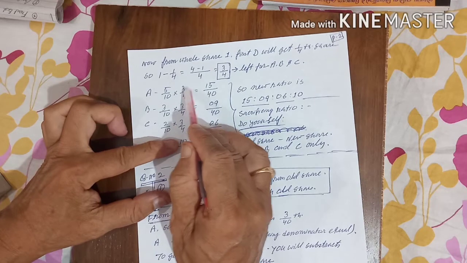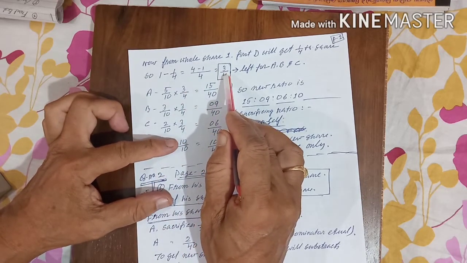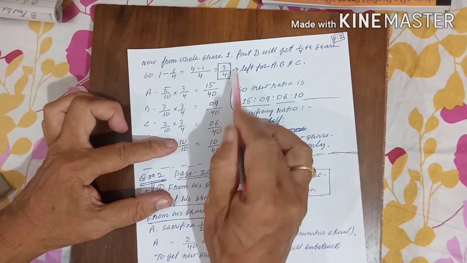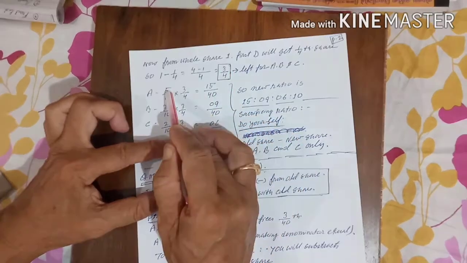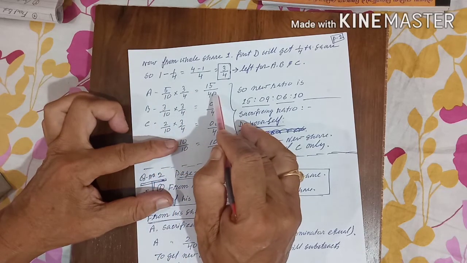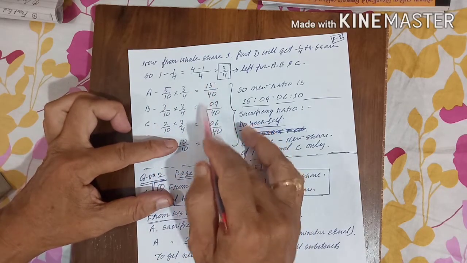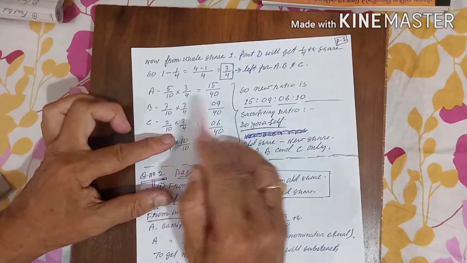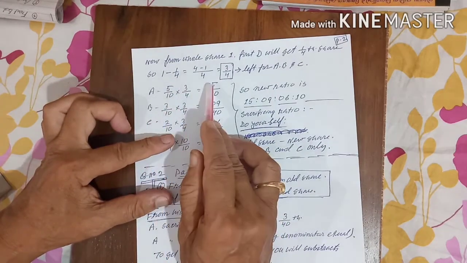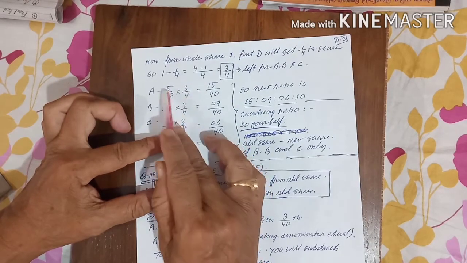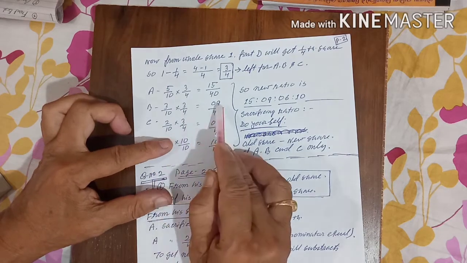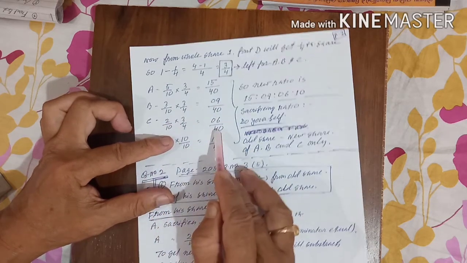If you multiply the numerator into numerator and denominator into denominator: 5 into 3 is 15, and this is 40. So this is 9/40. This is 6/40.